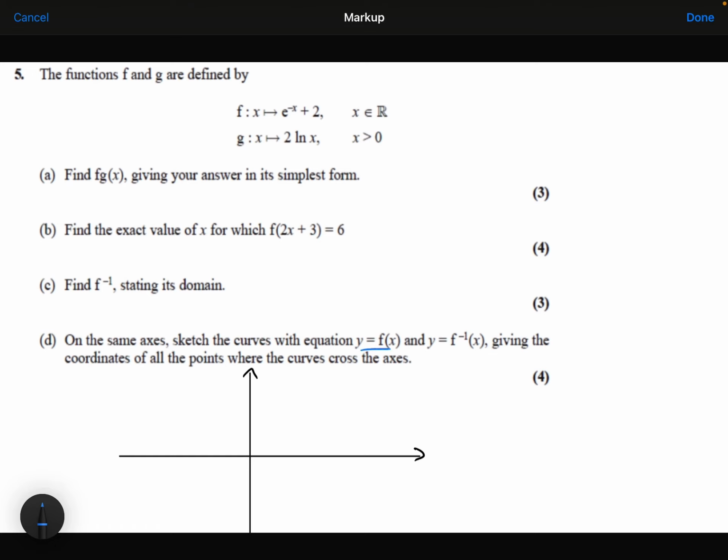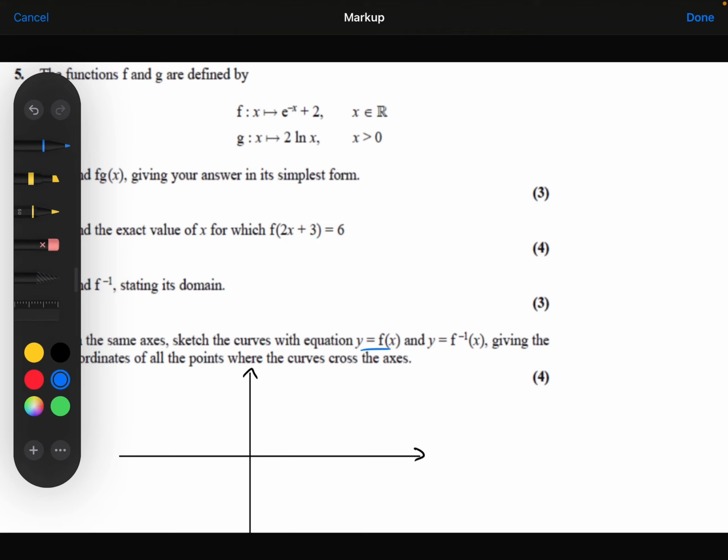The graph of this, remember it had an asymptote of y equals 2, and it intersected here at 3, and it looked like this. So this is the graph of e to the minus x plus 2. That's my f of x function.